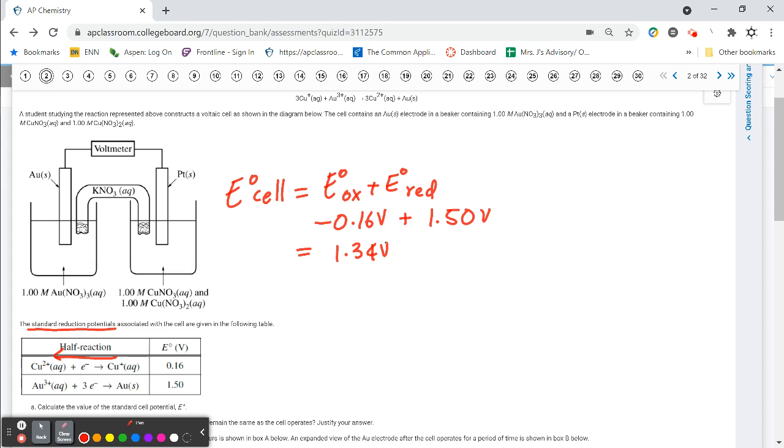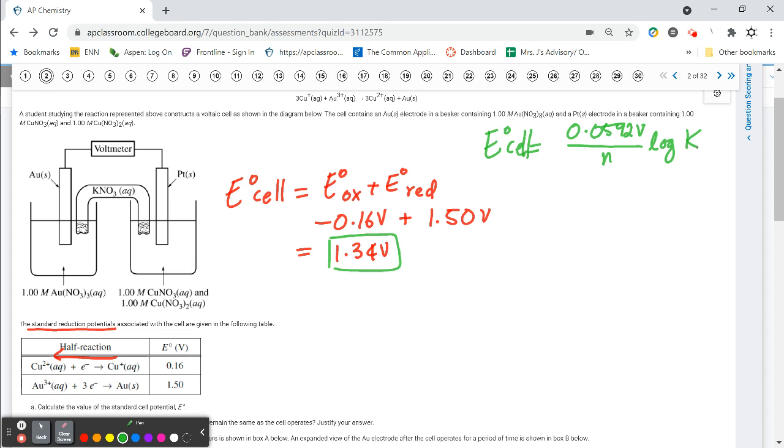Another thing that should occur to you is that if you have the E cell, now this question doesn't ask for it, I'm just expanding. If you have the E cell, you also have a way of calculating the equilibrium constant for this particular reaction. And that equation is E cell is equal to 0.0592 volts over n times the log of the equilibrium constant.